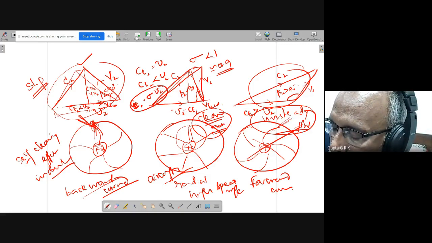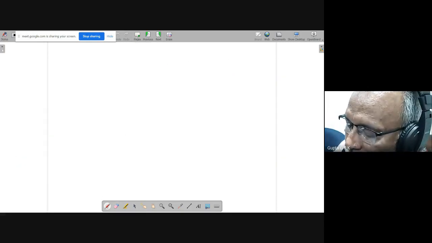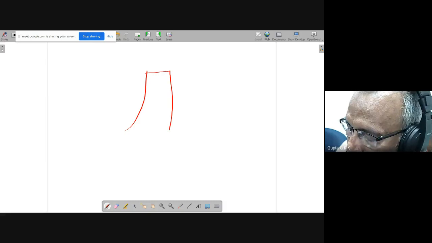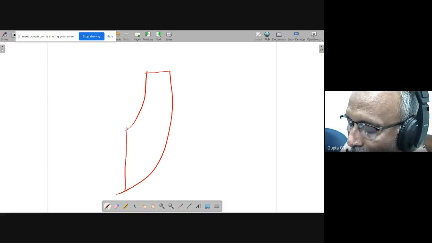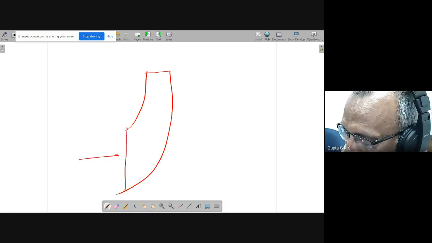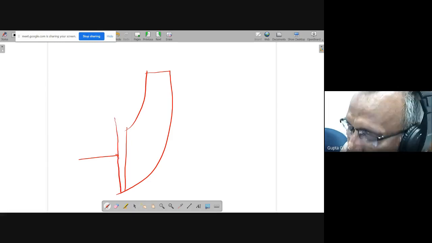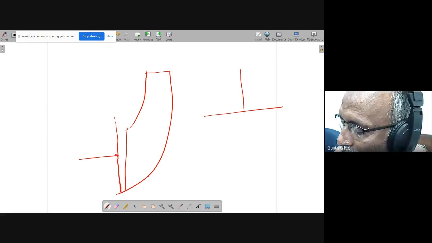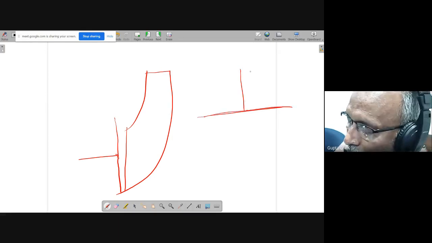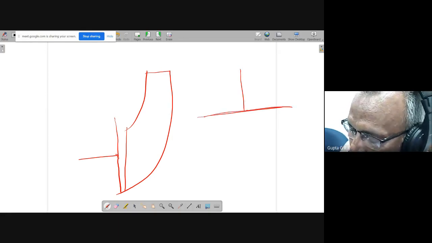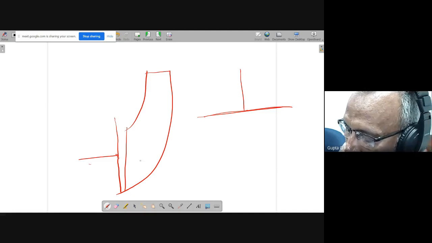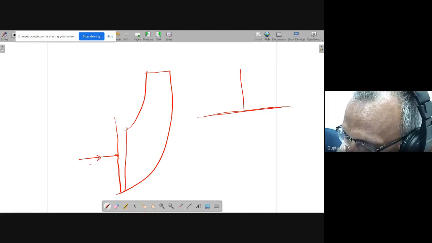And coming to the inlet triangle, at the inlet it is axial. So tangential will be like this. I am rotating this; if you rotate it 90 degrees anti-clockwise, I get it like this. Here CA equals CA1 equals C1.